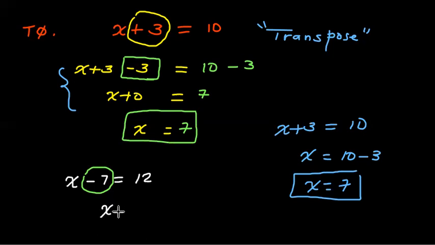So if I transpose this minus 7, I'm going to end up with a plus 7 on the other side, because it was minus over here. So now x is equal to 19 would be my answer. All right, you want to get that in your notebook. Again, this is the first type of the 4 types that I'm going to show you. Get that in your notebooks.